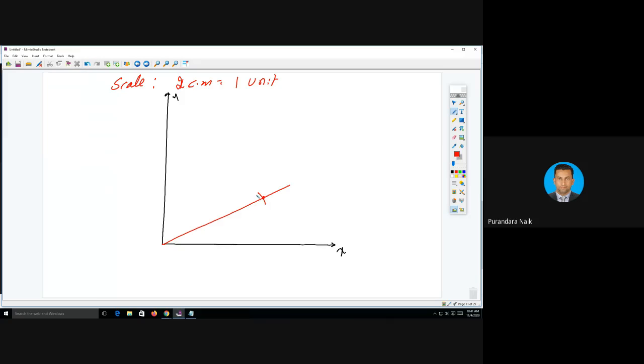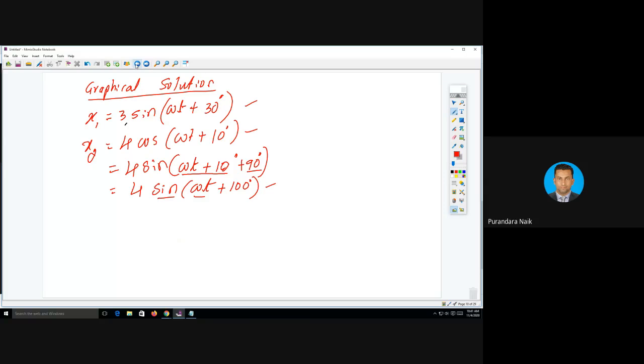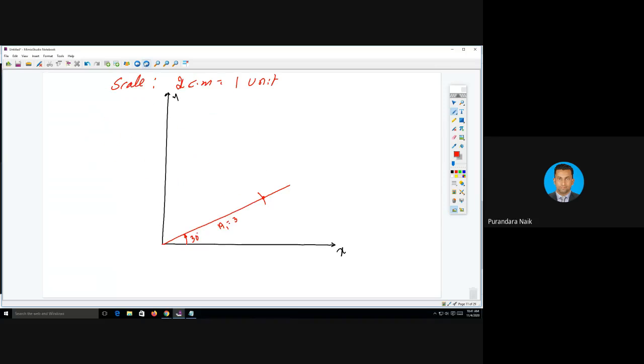I'll cut it here. This is A1 equal to 3 units, angle is 30°. Similarly, second equation: 100°, unit is 4.